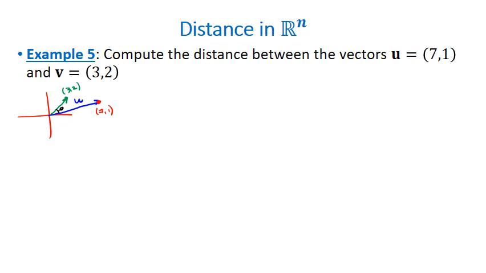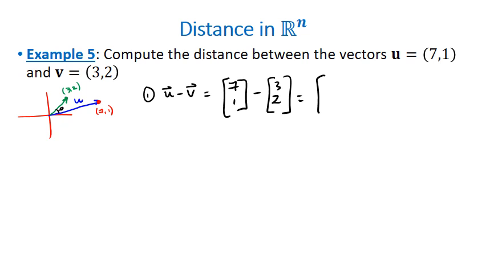The first thing I want to do is subtract the two vectors, 7, 1 and 3, 2. When I subtract these, I get a new vector of 4, negative 1.